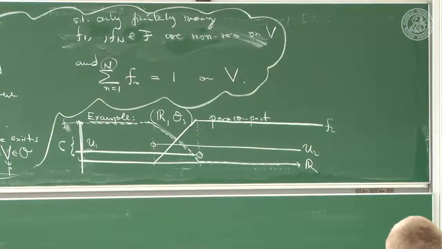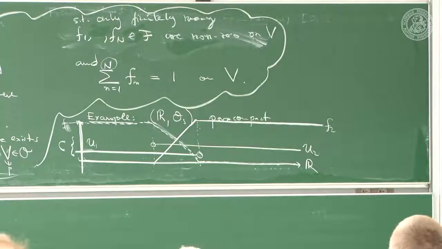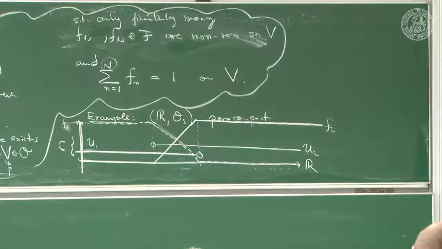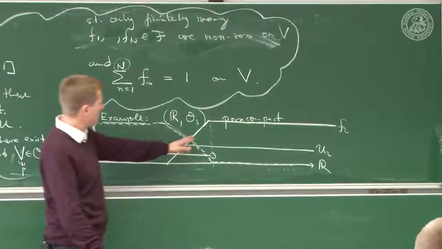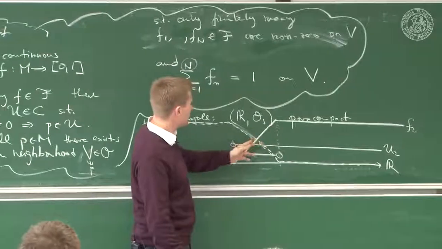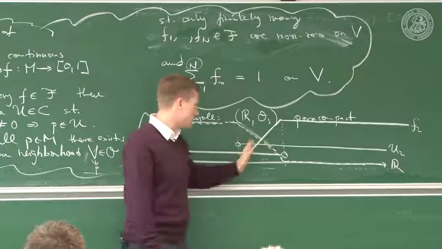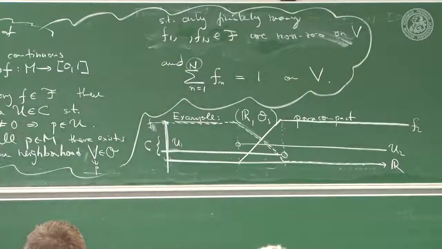So I found two continuous functions such that for every one of the functions, I have only two, f1 and f2, there exists a u in the cover such that the functions are only non-vanishing on this particular u? Well, they can overlap. They can also be non-zero on another u, but they cannot be non-zero outside the u that I assigned them, or that I found for them.